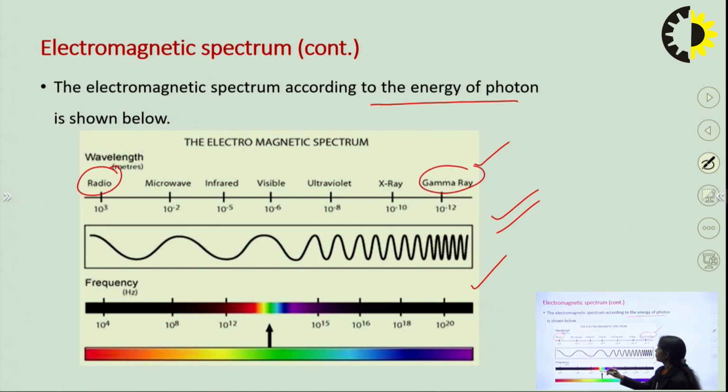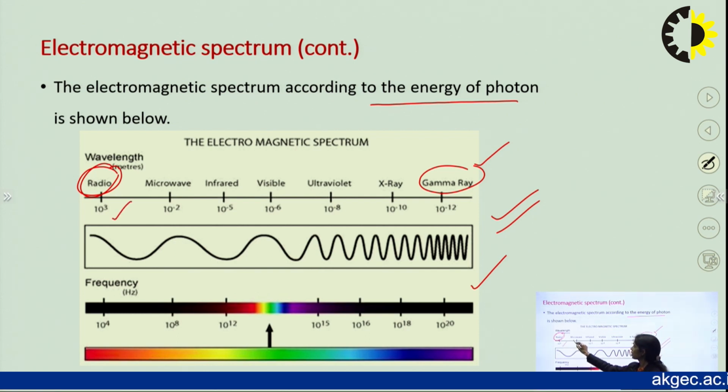We have a very high wavelength for radio waves and a very low wavelength for gamma rays. That means higher wavelength corresponds to lower frequency, and we move from lower frequency towards the higher frequency side. In between these, we have the radio frequency range, the microwave range, infrared, the visible range, ultraviolet, and X-rays.